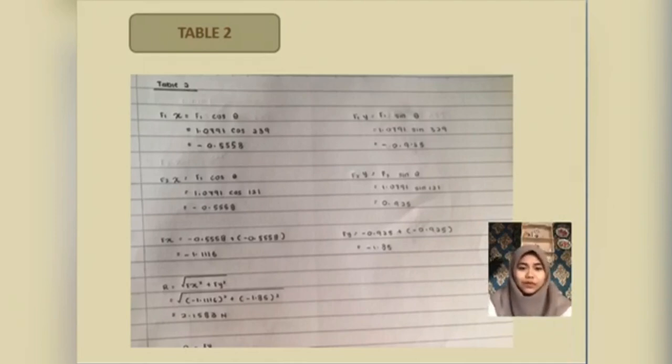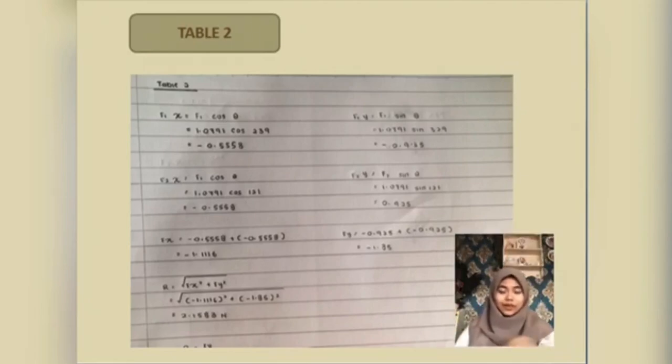For the F1y, it is 1.0791 sin 239, which equals negative 0.925.